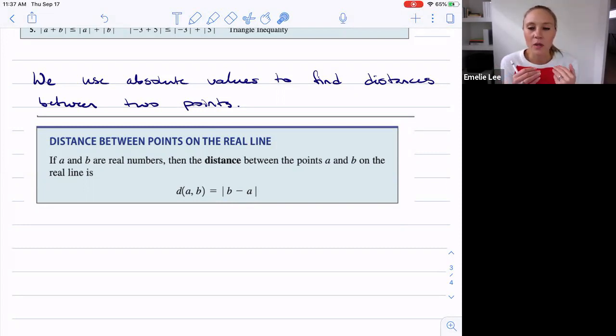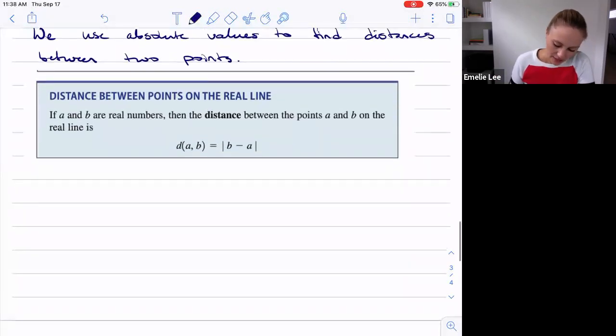But then we have to think a little bit harder if I ask, what's the distance between -2 and 10? From 0 to 10, it's 10. And then from 0 to -2, it's 2. So I need to take that into account, and the total distance would be 12. But by using this, it'll work every time, regardless of whether you're talking about negative points or positive points.